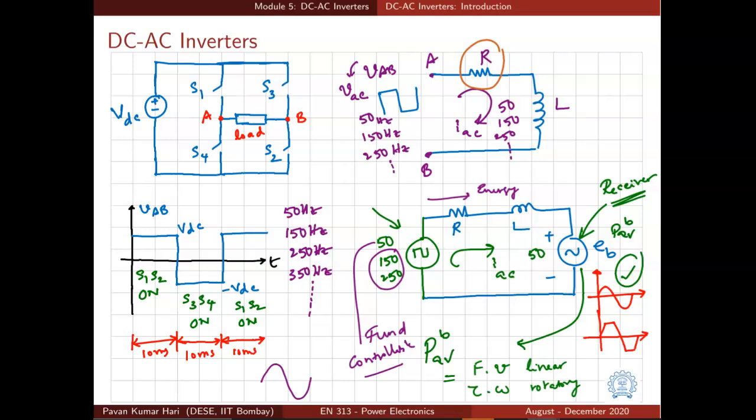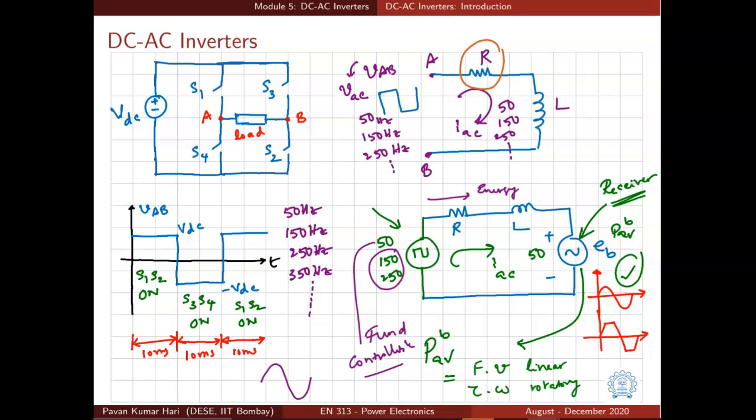But if EB has any other components, for example 150 Hz or 250 Hz, then naturally we do not want to nullify the 150 Hz and 250 Hz components from our AC source, so that even those components will participate in energy transfer.